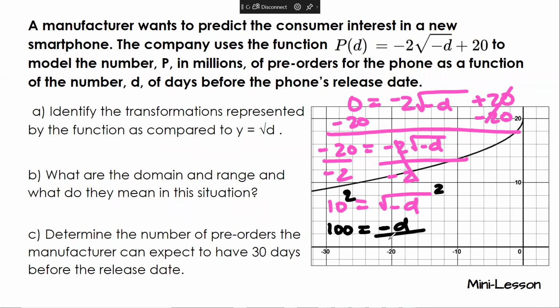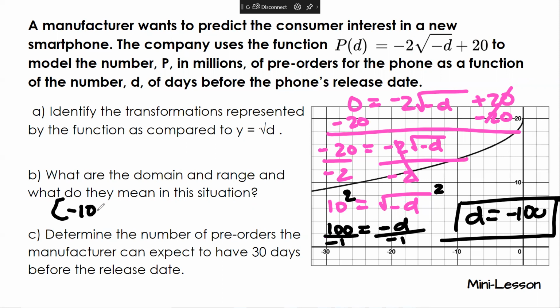The negative. So we're going to divide by -1 on both sides. So d is going to equal -100. So that means that it took from -100 to 0 for my domain. And for my range, we went from 0 to 20.